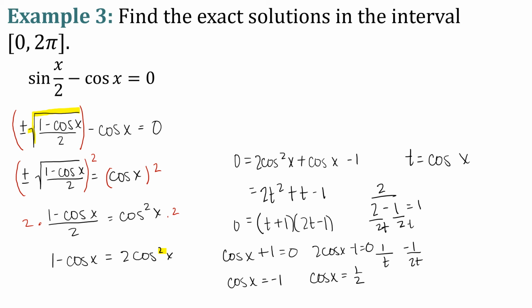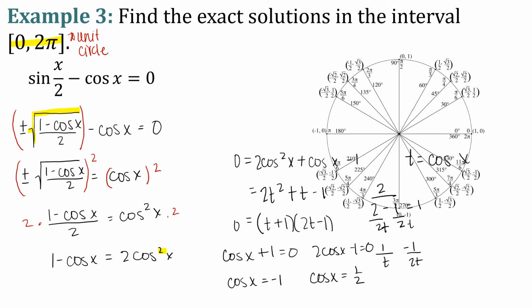Remember, though, that this problem told me about this interval 0 to 2 pi, which told me that I needed to use the unit circle, right? So guess what I already have showing up on this slide? A unit circle that I kind of wrote on top of. Oh well, it's okay. So we're looking for where cosine is negative 1. Cosine is our x value. So the only place cosine is negative 1 is at 180 degrees, or pi. So we know that x is going to equal pi. There's our first answer.